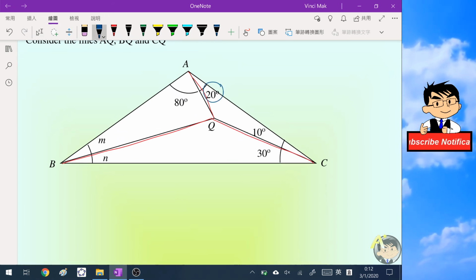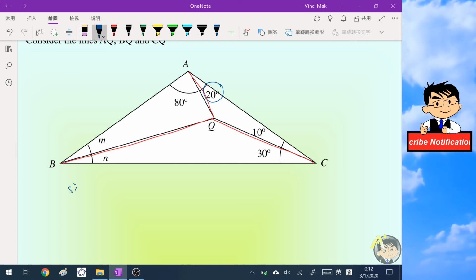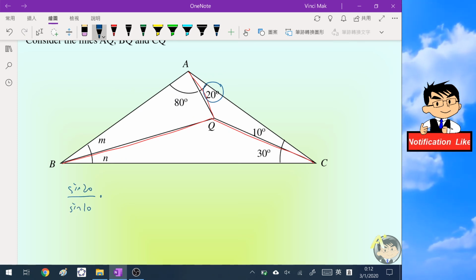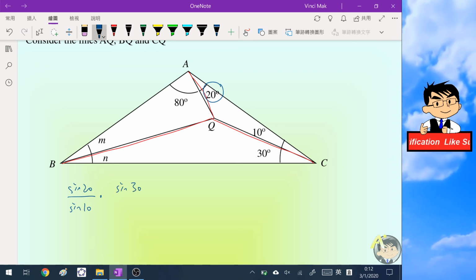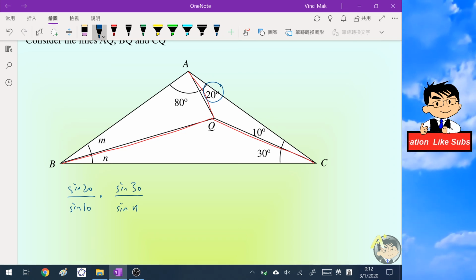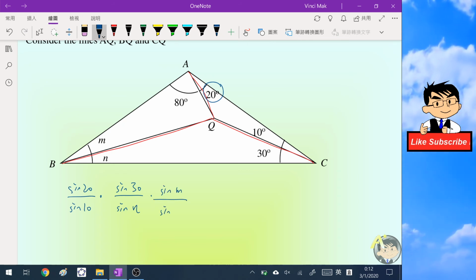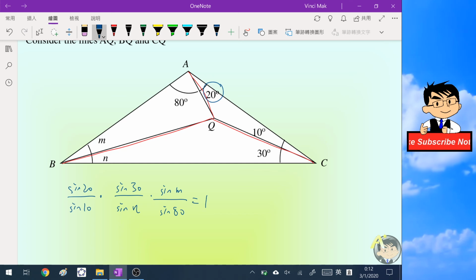We start from 20: sine 20 over sine 10 multiplied by sine 30 over sine n multiplied by sine m over sine 80, which is equal to 1.